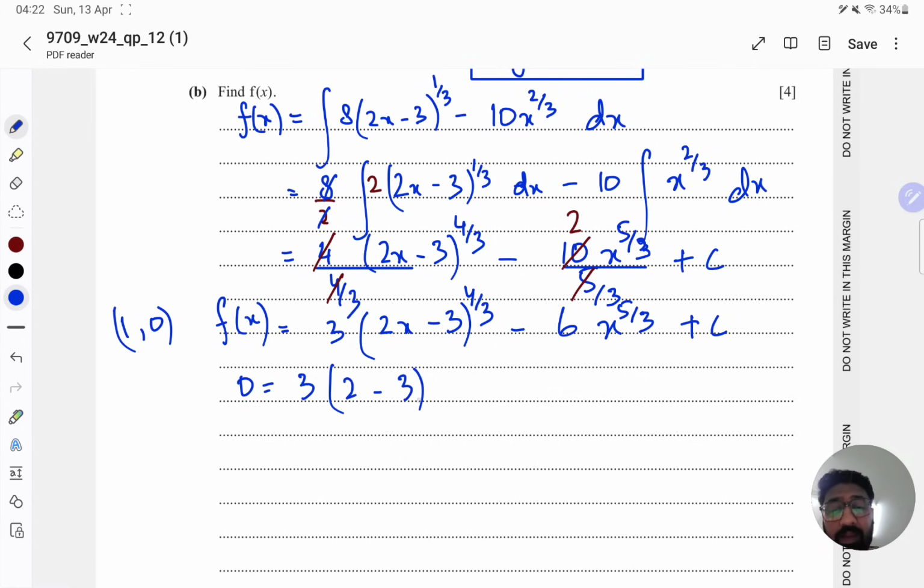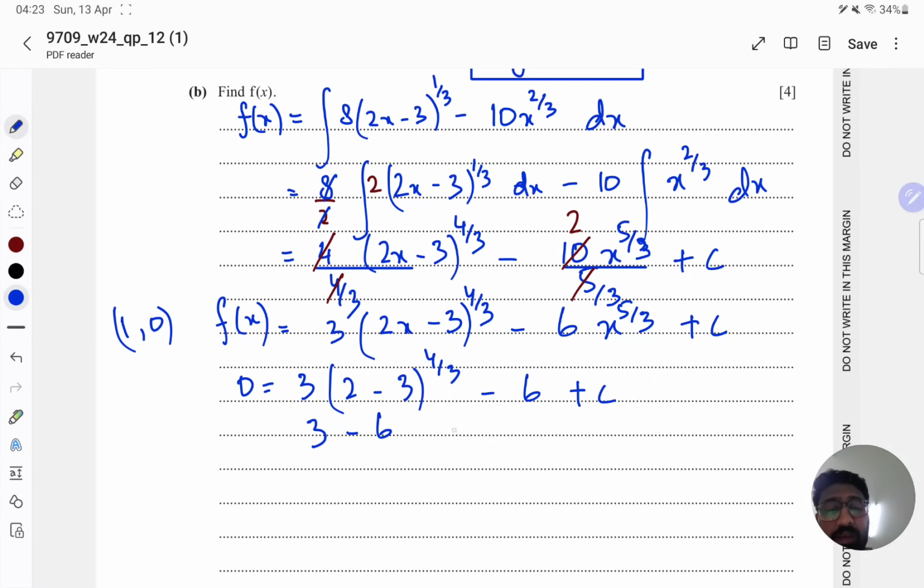So 2 minus 3, 4 power 3. I just need to substitute 6 times x power 5 by 3 is 6 plus c. So 3 bracket minus 1 to the power of 4 by 3, which is 3.